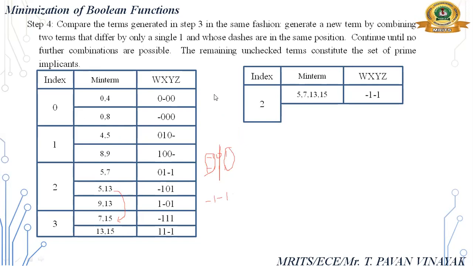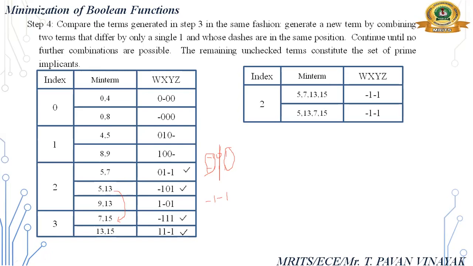For which values? Before writing this one, you have to put tick marks for 5, 7 and 13, 15. First place tick marks. Now 5, 13, 7, 15 gives dash 1 dash 1. Now put tick marks for those two also.